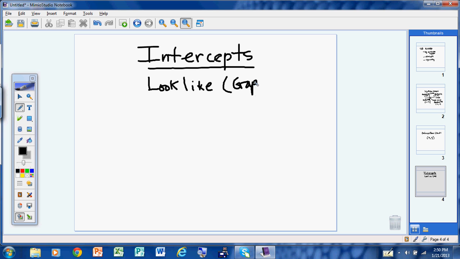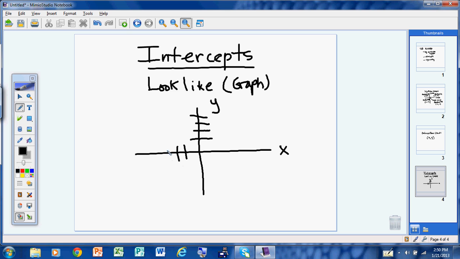So let's do that. Notice we're going to go ahead and try to show a graph here.